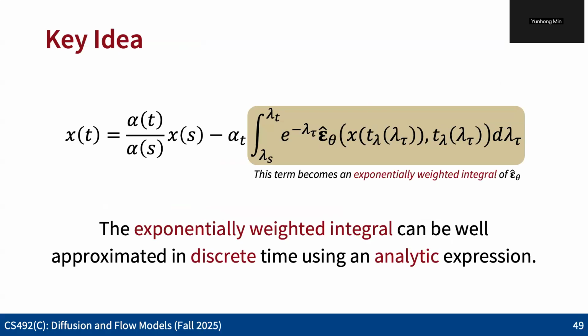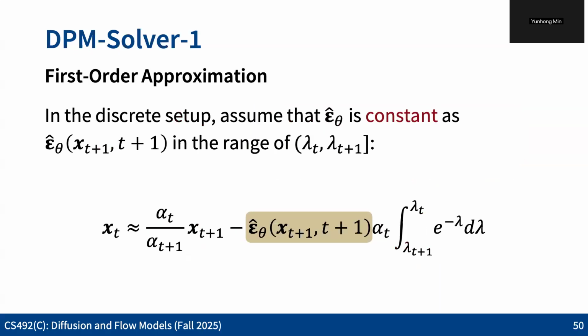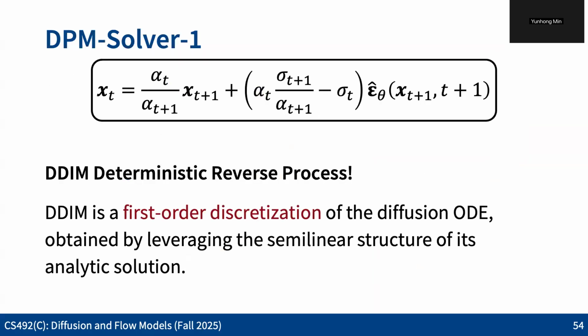By taking only the numerical computation for the nonlinear part with the first order approximation, we see that the DDIM reverse deterministic process turns out to be the first order discretization of the ODE formulation based on the semilinear structure. That's an interesting point.